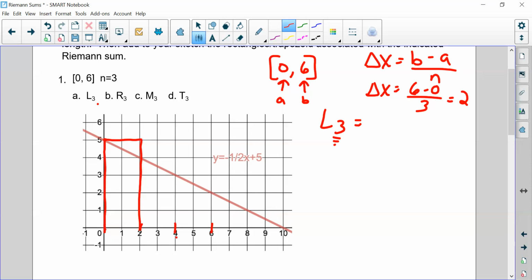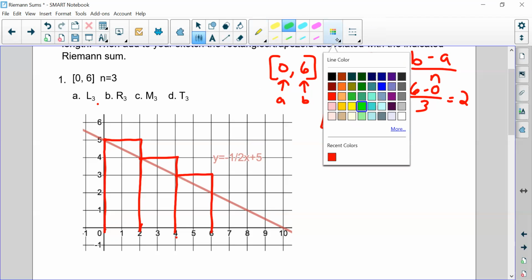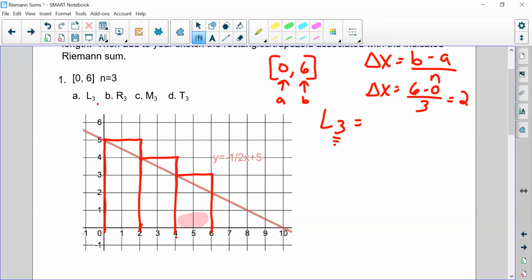For my next one, I take the height at 2, find where that hits, and go down. For the last one, the height at x equals 4. So this is the area I'm actually finding.